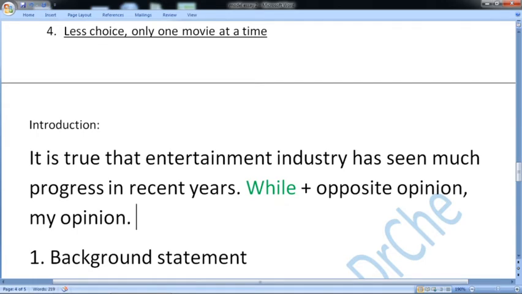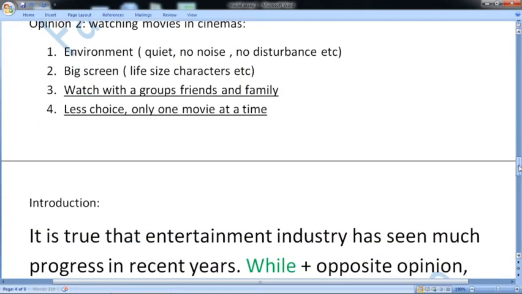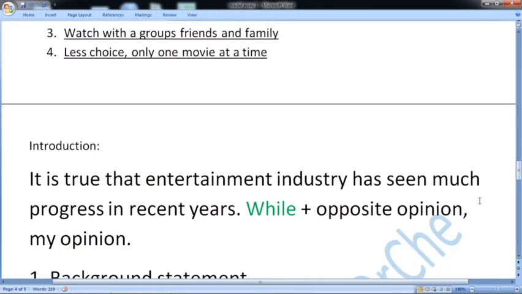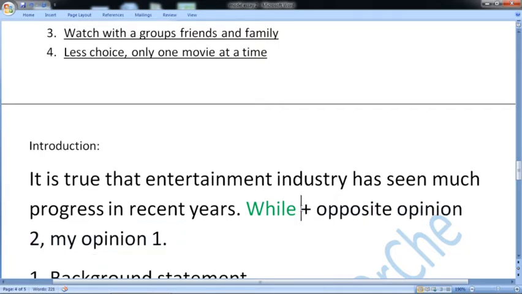This would be the second sentence of my essay. So while plus opposite opinion plus my opinion. In this case, my opinion is opinion 1 and the opposite opinion is opinion 2. So we will talk about opinion 2 here, the opposite opinion, and my opinion, that is opinion number 1, something like this. So let us write them down.